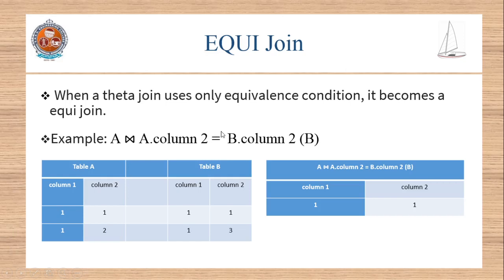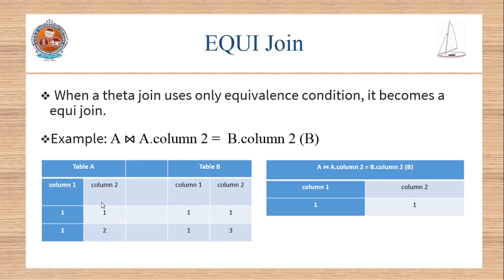See here, the same examples are considered, table A and table B. And here, what is the condition we are going to check? The value in column 2 of A must be equal to the value of column 2 in relation B. So we are having only one tuple which is satisfying this condition. See here, consider the first tuple in both the relations.